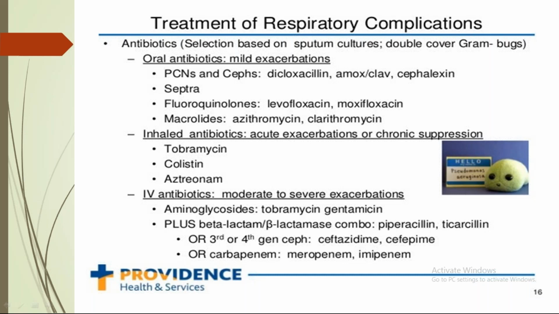For moderate to severe exacerbations, we'll go for IV antibiotics: aminoglycosides like tobramycin and gentamicin, plus beta-lactam and its inhibitors like piperacillin, ticarcillin, or third, fourth generation cephalosporins, or carbapenems, meropenem, imipenem.